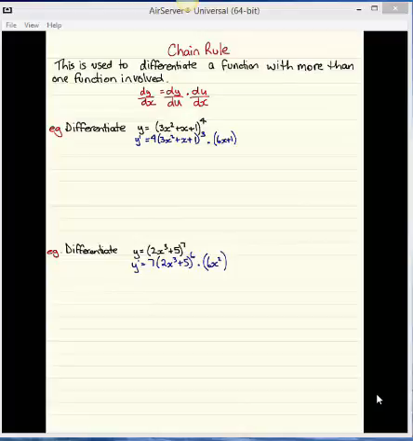Now this one we can tidy up because we've just got that bracket with 6x squared and we've got a 7 at the front. So I would multiply them and then keep my brackets. So while the formal definition and the formal setting out does look complicated, the process itself really is quite simple.